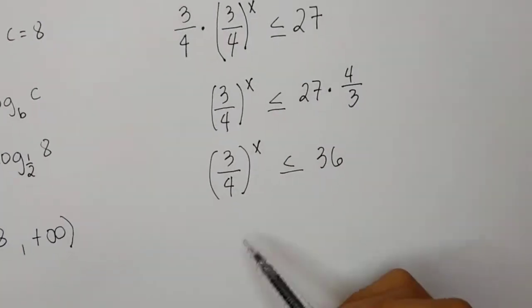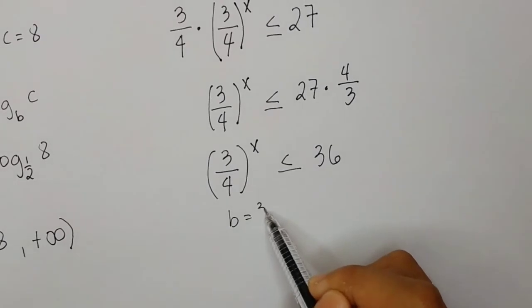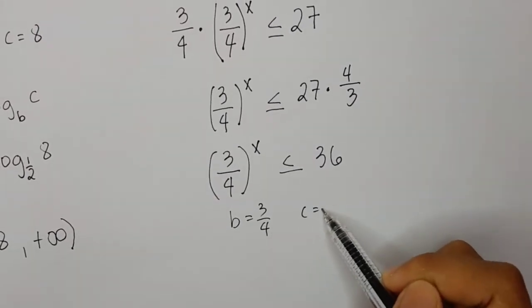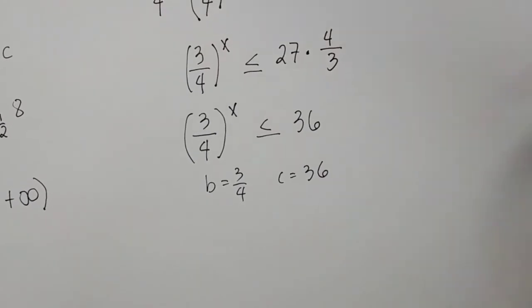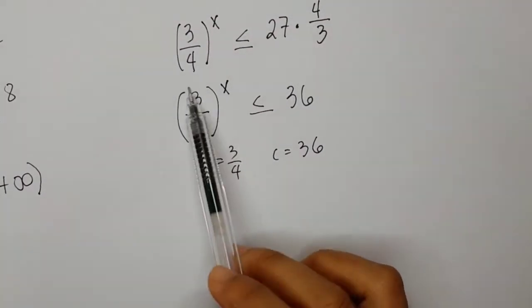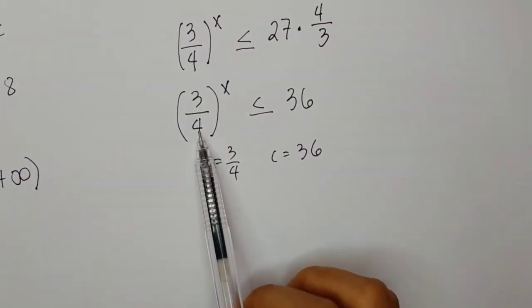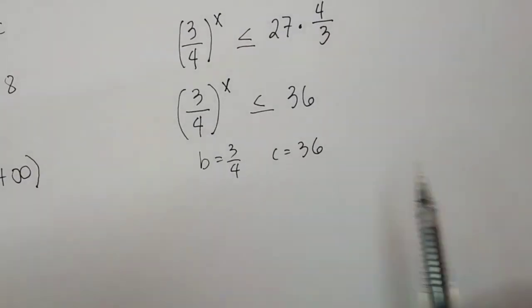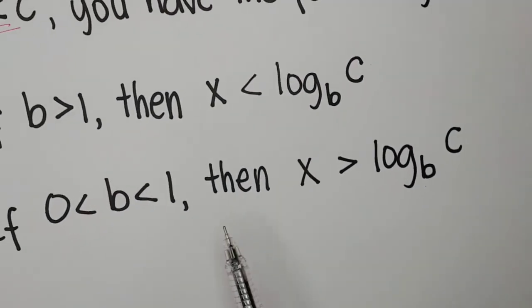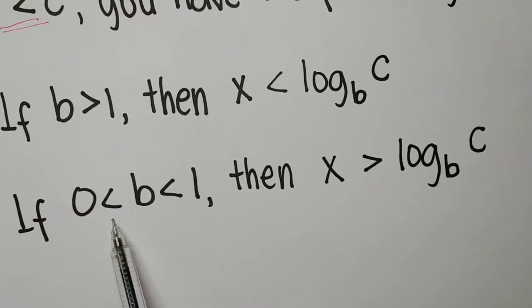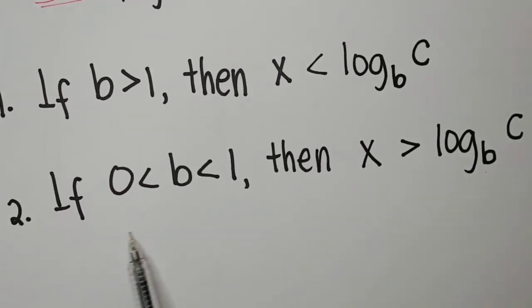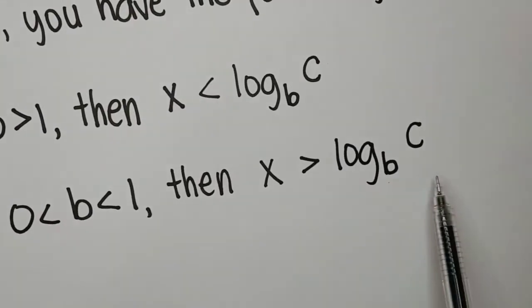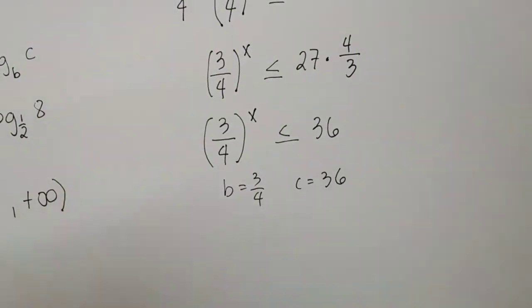Since we have now our b, that is 3/4, and our c, this is 36. So we have here our solution for this, since ang 3/4 natin is from 0 to 1. So again, yung 3/4 natin is nabibilang siya dito sa second condition. Sa number 2 natin. So, dapat x greater than log c to the base b.